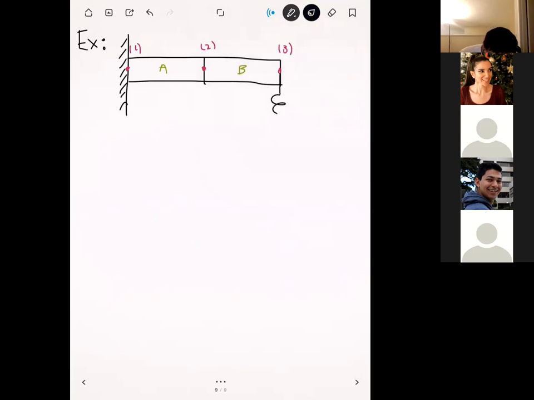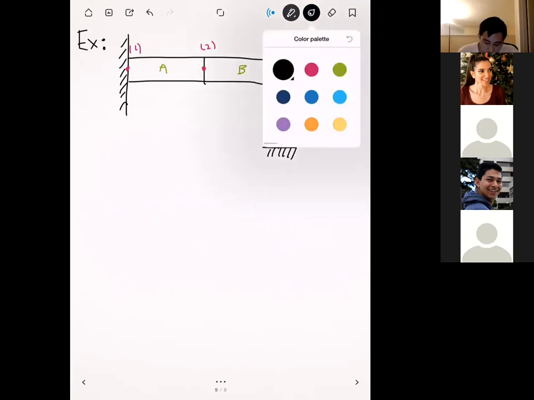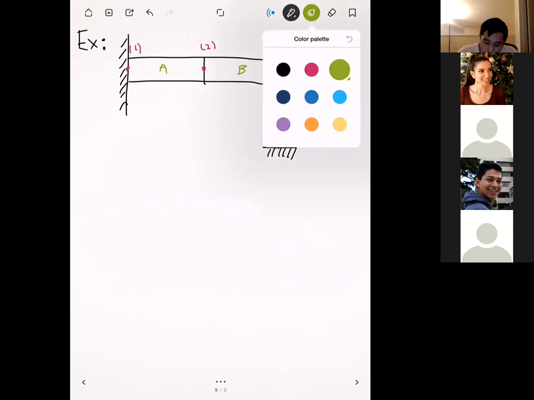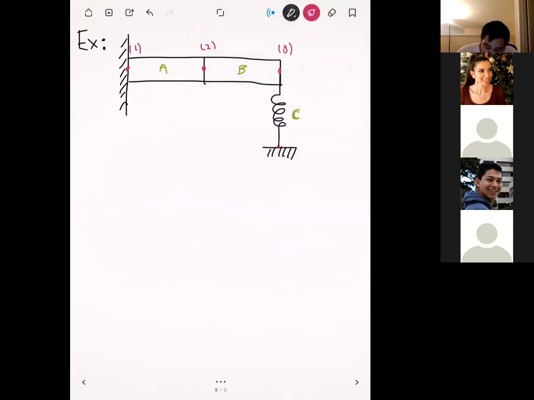Okay. So now the spring is going to be supporting that right side of the beam. And so this spring right here is going to be another element, because it's an element that we've talked about before. So we'll call that element C. And we also need to label the node where it's fixed to the ground. So we'll call this node number 4.